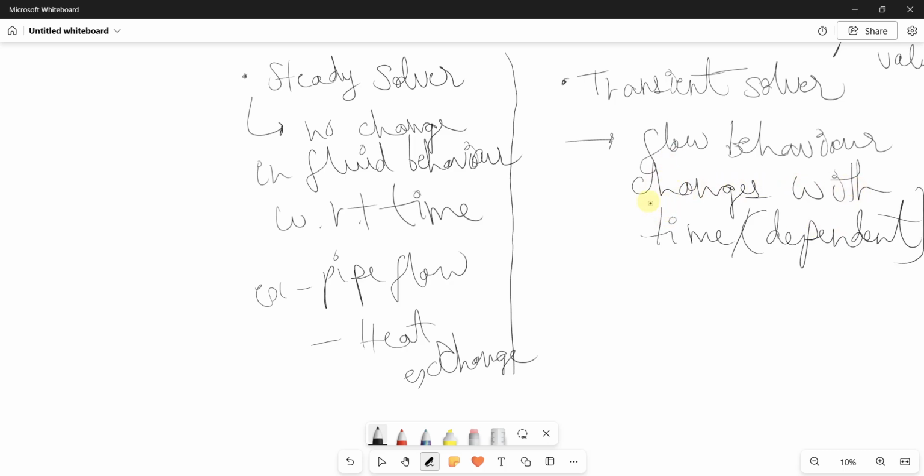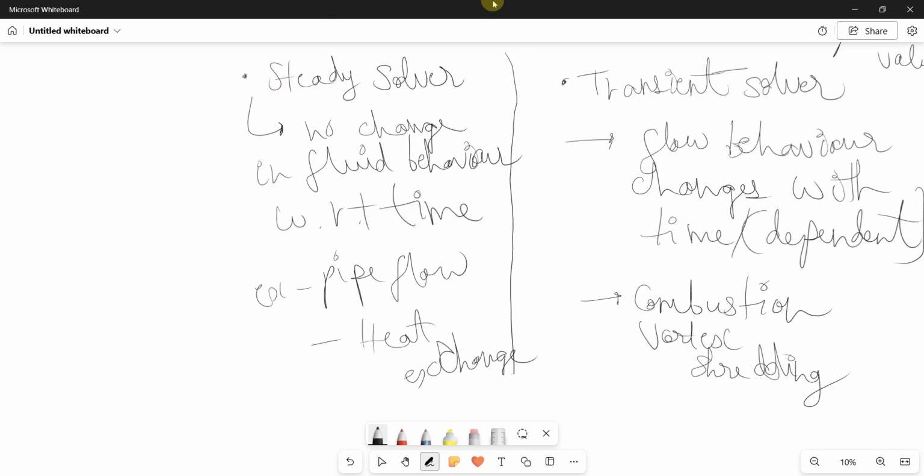So that's why you use transient solvers for these. Examples can be combustion or vortex shedding. Almost everything with turbulence models uses transient solvers. You need a transient solver for solving your turbulence. So hopefully that's understood, right?